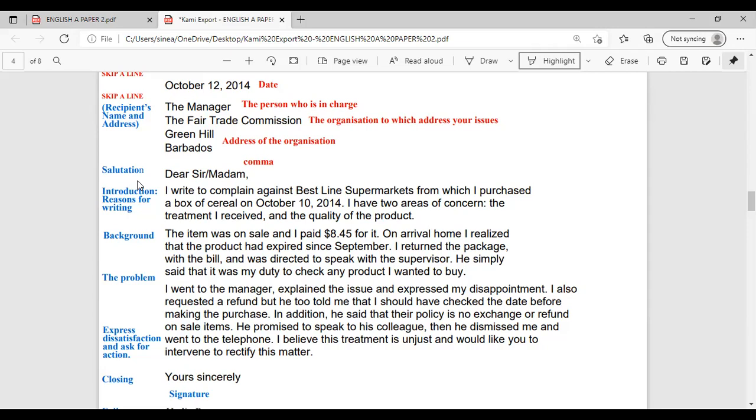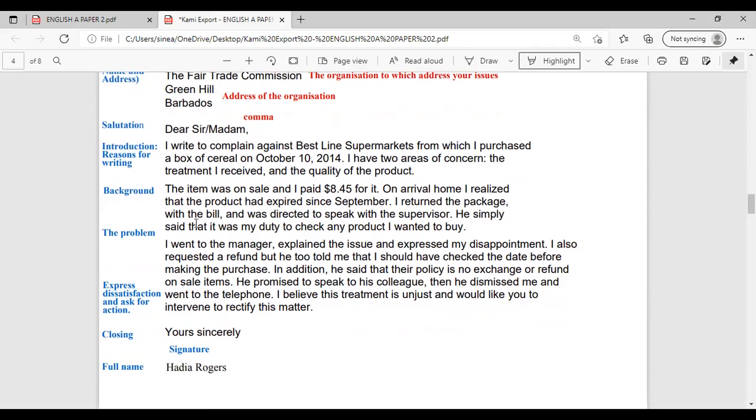So we see that disappointment is used there. We see that dismissed is used there. We see that unjust is used there. We see things such as intervene to rectify this matter. All of those things are language usage. And remember, language usage takes up 10 marks. So again, it's easy.